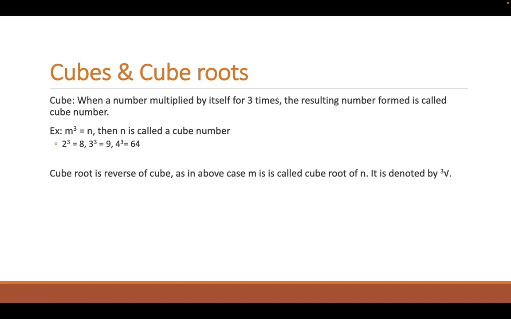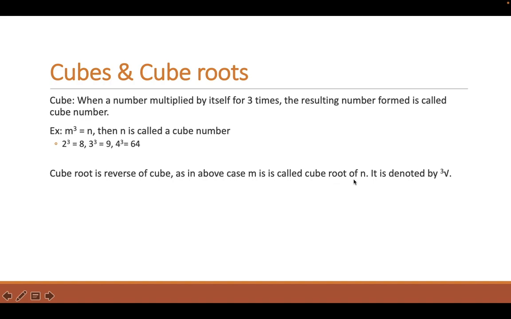Just as much as square root, cube root is also the reverse of cube. As in the above case, in this example there is also some typo, where it should be m is called cube root of n.